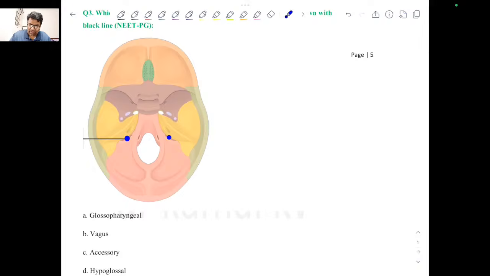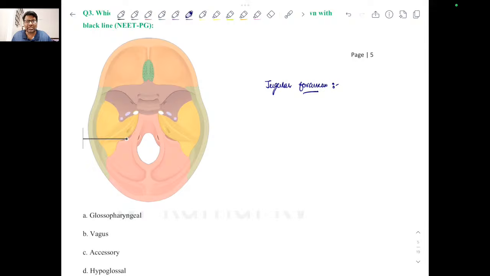This one? I think the easiest one which everyone can answer is foramen magnum. Magna means largest, so this is the foramen magnum, and this one is the one which is asked here. Now this is jugular foramen.